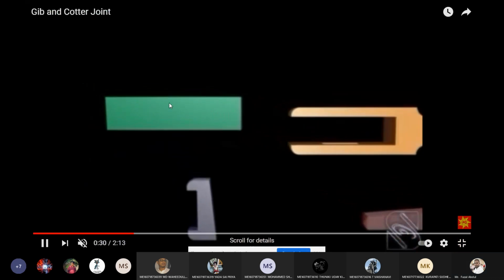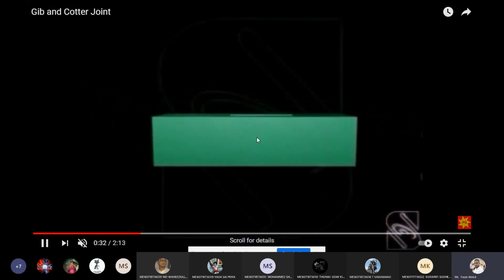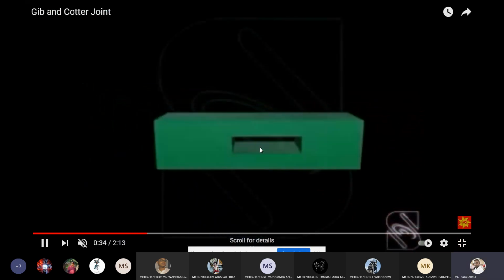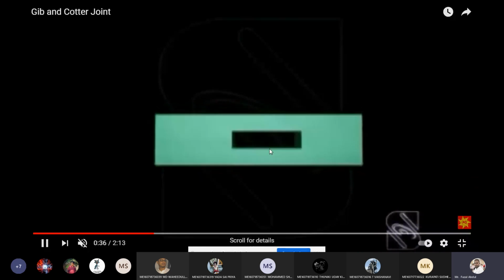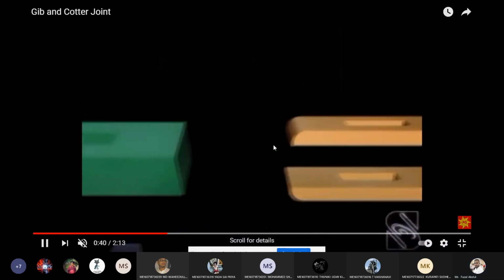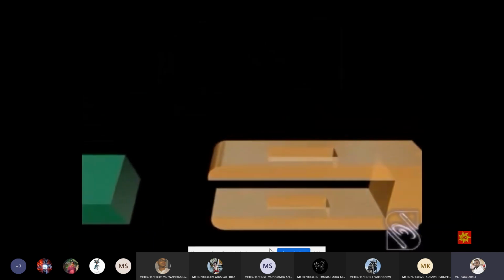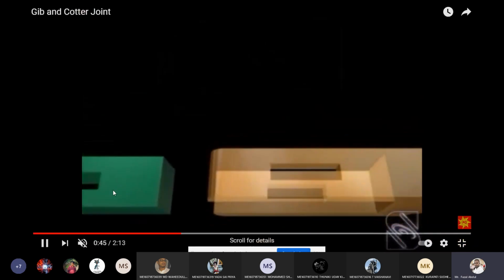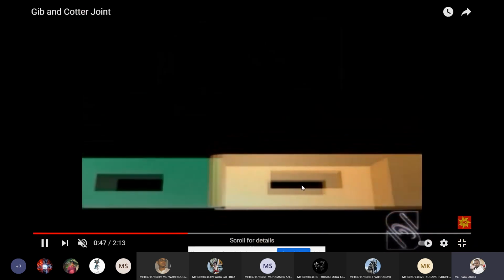This is also another strap having the square cross section, and a slot is made. So this slot should match with this slot here.